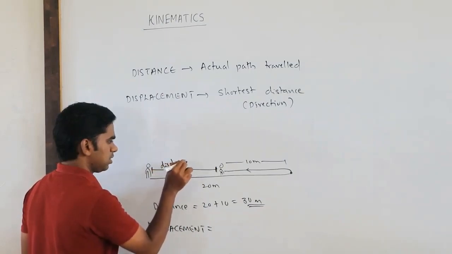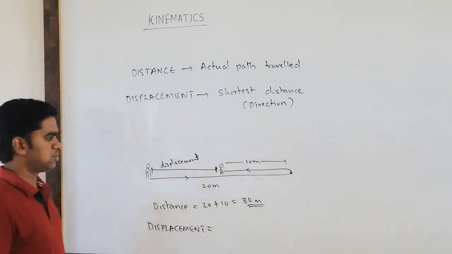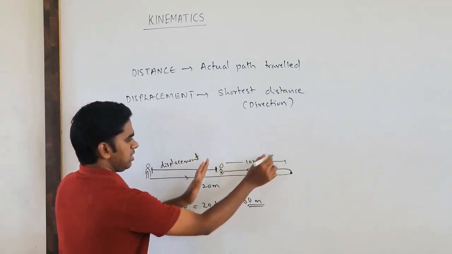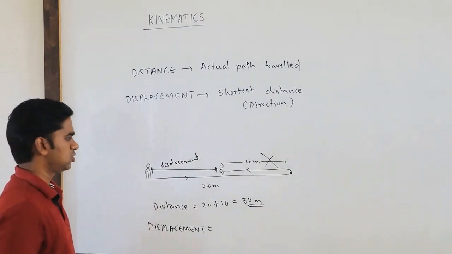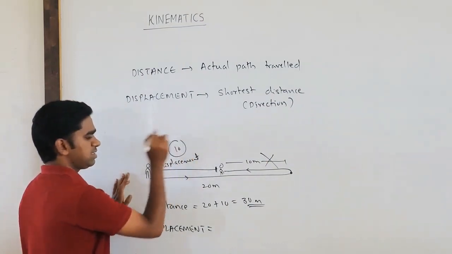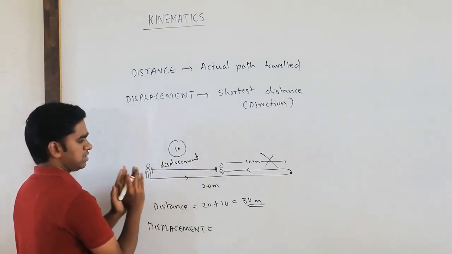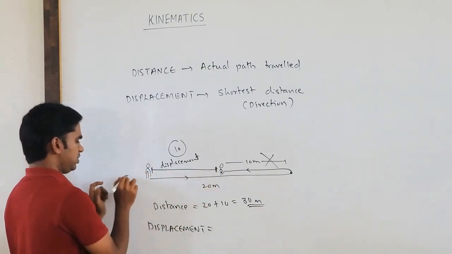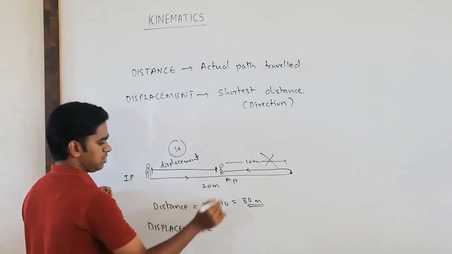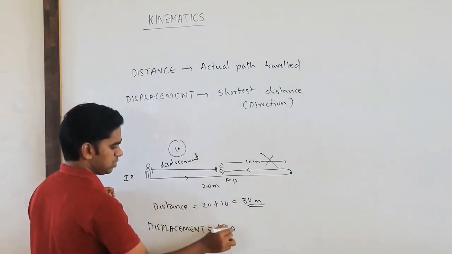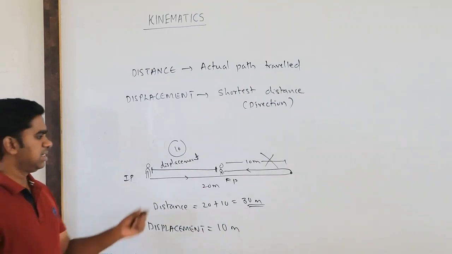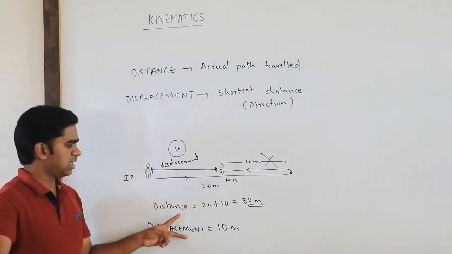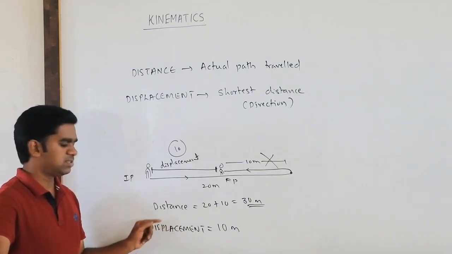Total is 20, and the 10 coming back is subtracted. So what remains here is 10. This direct path between the initial position and final position you can call displacement. So displacement is 10 and distance is 30. This is how we can get the distance and displacement.